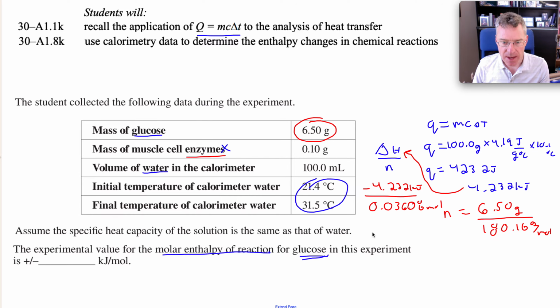And you end up with a molar enthalpy of negative 117 kilojoules. Now in this question, whenever you see this plus or minus on a test or diploma, you're not keying in that. So you'd just be keying in 117 as your answer. 3 significant figures is the limiting amount.